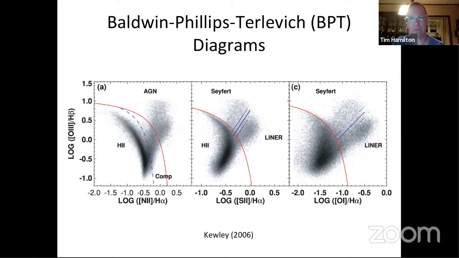LINER is an acronym. It stands for Low Ionization Nuclear Emission Region. And when these were first found, well, low ionization means that the spectral lines you get are mostly from those ions which are either neutral, not ionized at all, or singly ionized, and they're atoms that don't require a lot of energy to pop that outer electron off.